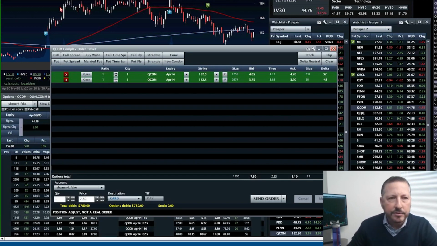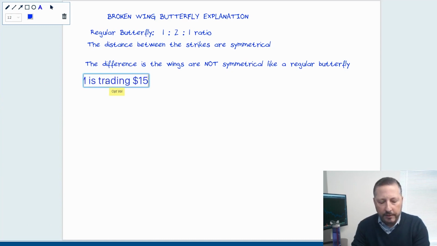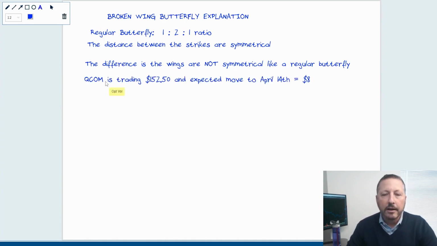Okay, so QCOM is trading 152.5, and the expected move to the April 14th expiration is $8. Again, expected move does not tell us which direction a stock is going to move.